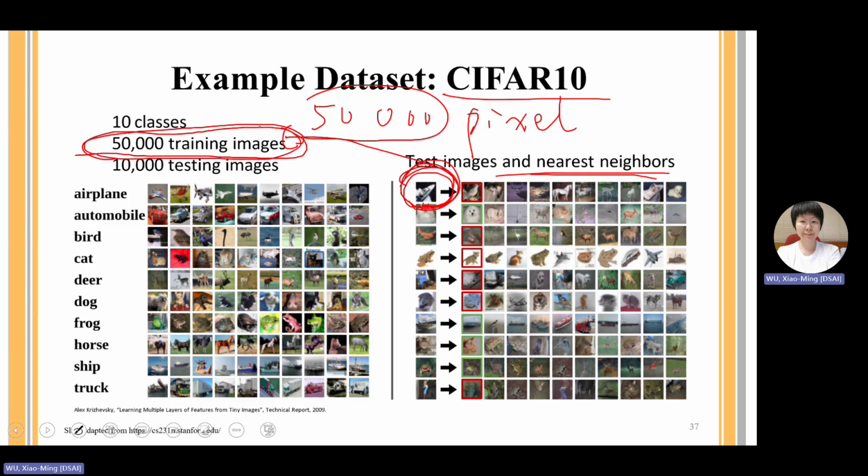Is it necessary to consider all the training images when you do nearest neighbor classification?